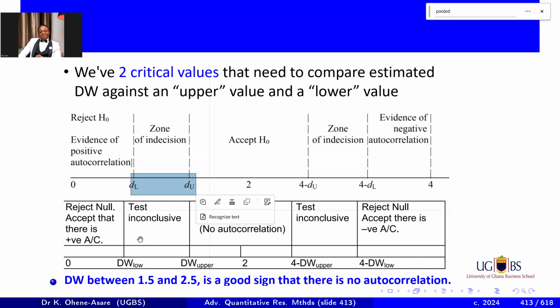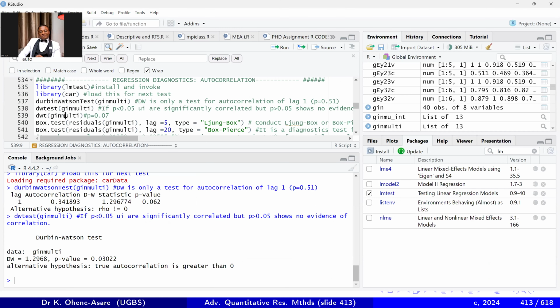Statistically speaking, it is inconclusive. At this stage, you can make your case that, based on the inconclusivity, you will say that there is none if you want to go ahead with that. So that is one way you can check for autocorrelation.